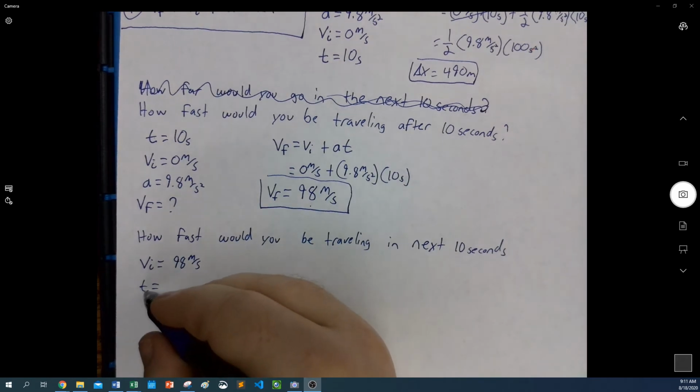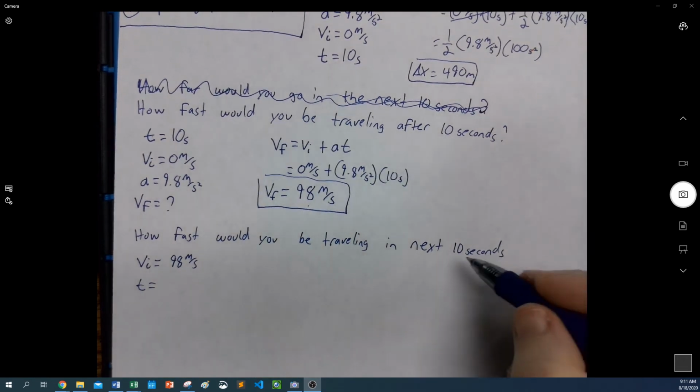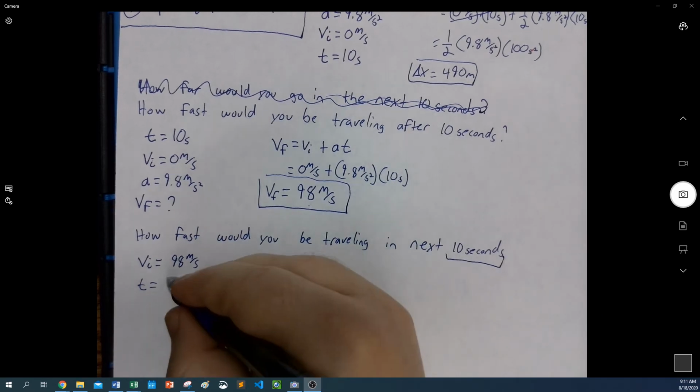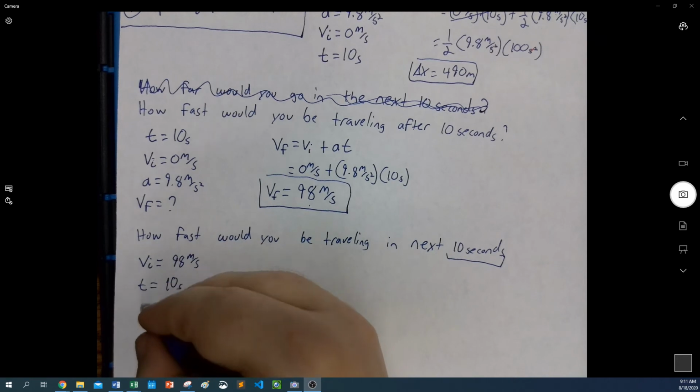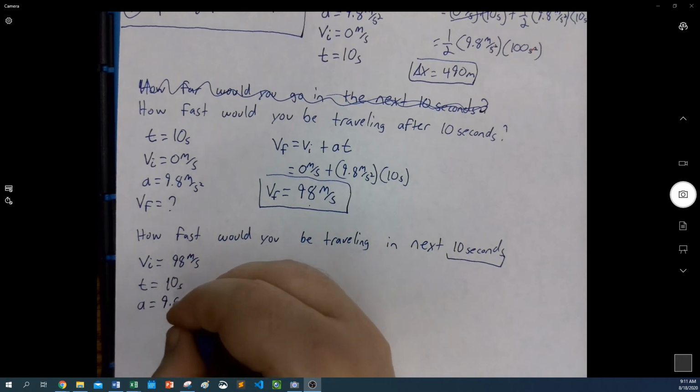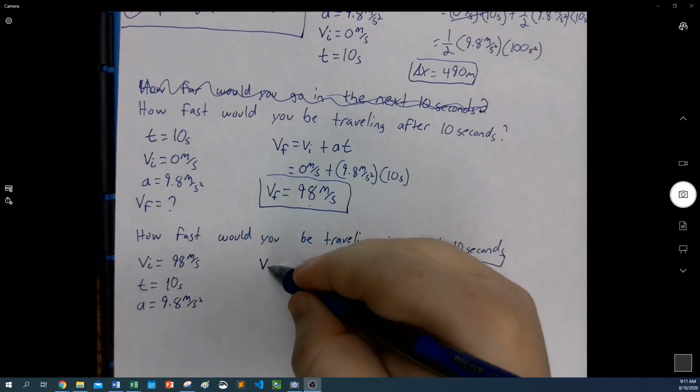So time refers to a time interval. We're looking at our interval of 10 seconds. So we're still 10 seconds. Our acceleration doesn't change. And we use the same equation.